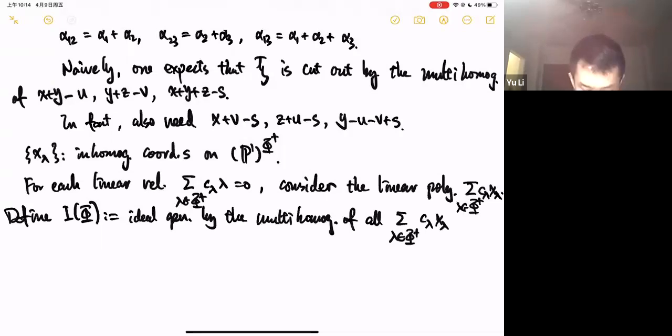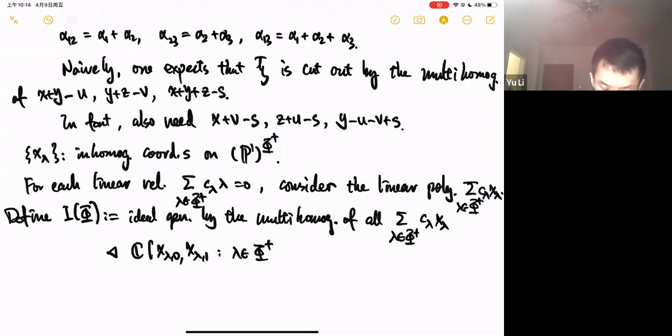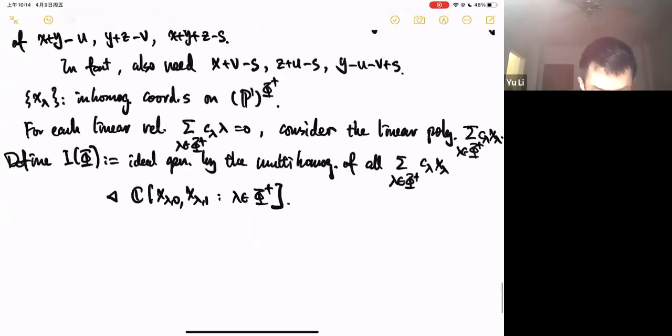Okay, so whatever it is, it is a multi-graded ideal of the polynomial ring C adjoin x lambda,0 and x lambda,1 for all positive roots lambda. And of course, it's easy to see that the vanishing locus of this ideal contains H bar, right?